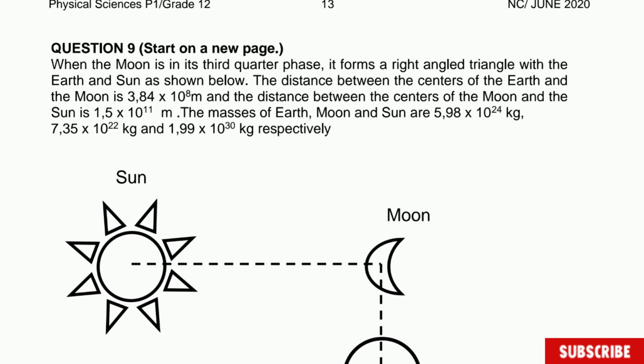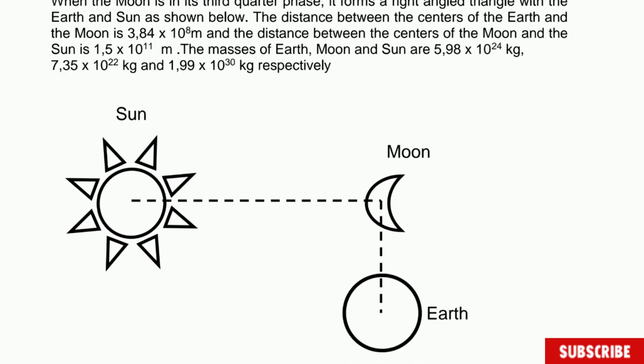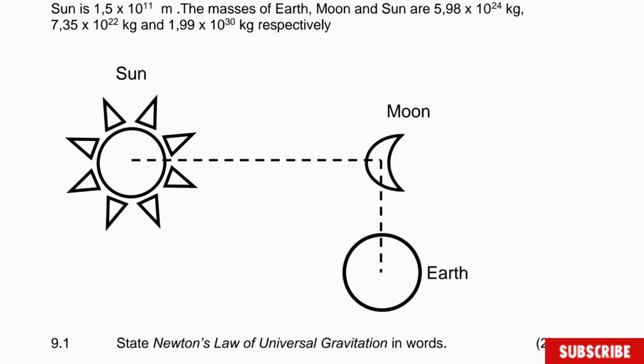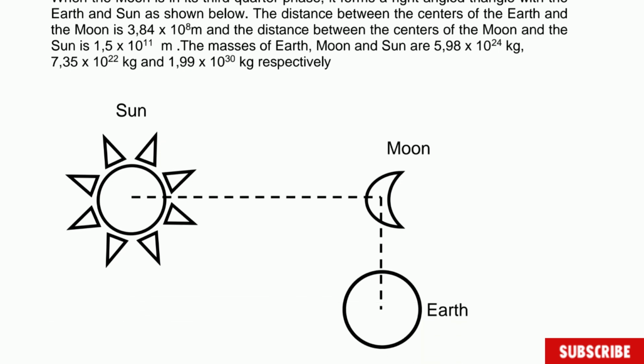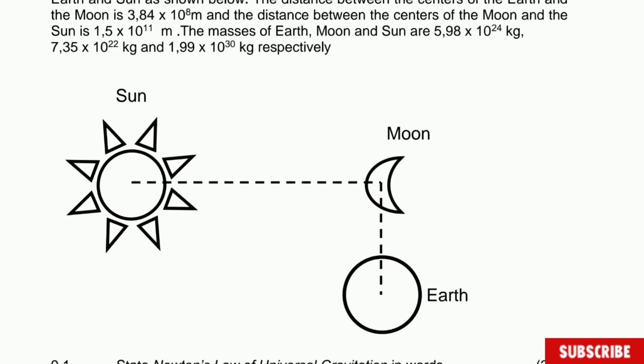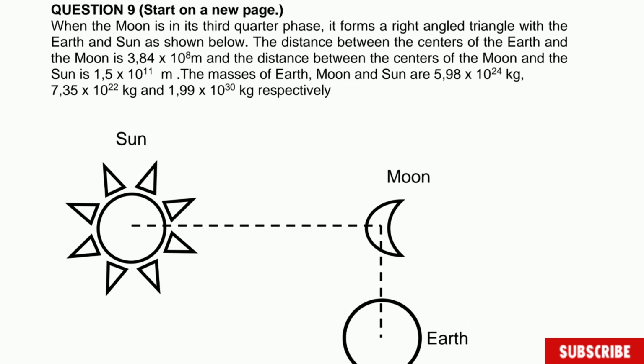The question says when the moon is in a third quarter phase, it forms a right angle triangle with the earth and the sun as shown below. And then you can see the sun, the moon, and the earth. The distance between the center of the earth and the moon is 3,84 times 10 to the 8 meters. Let's write it down here, the distance between the earth and the moon.